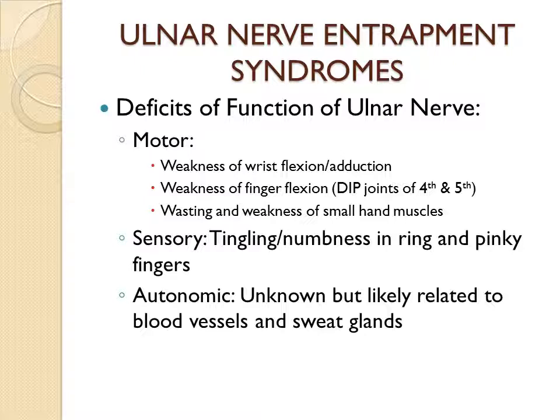It's the ulnar aspect of the hand, and so autonomic disturbances would likely be localized to this dermatome region, and would include findings related to abnormal function of blood vessels and glands, particularly sweat glands in this area.